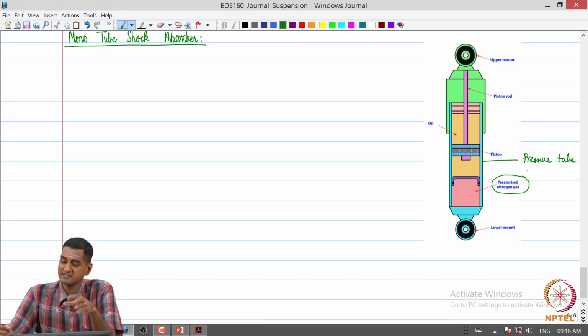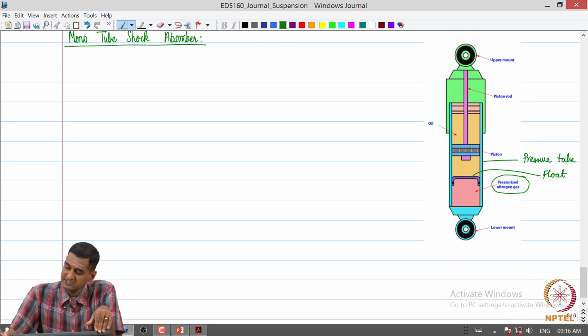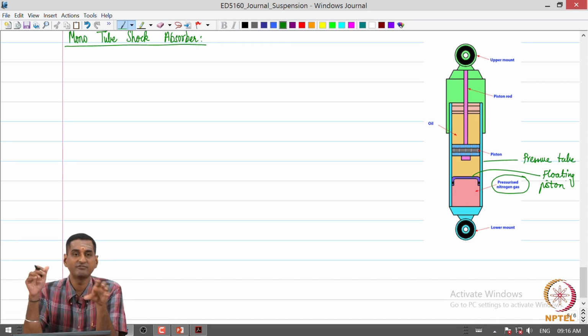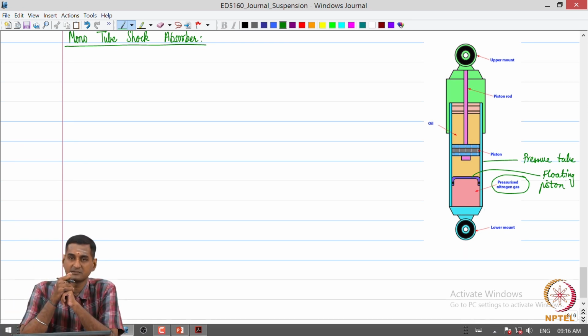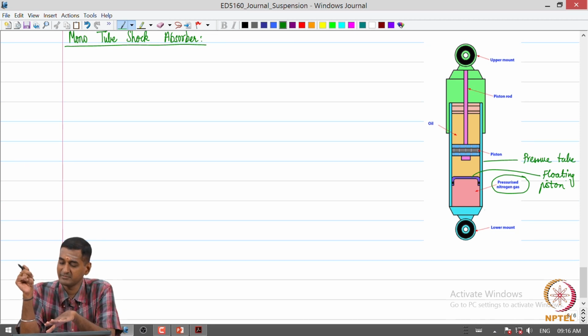So, this nitrogen gas is compressed or it expands depending on the stroke, and we have a floating piston, which essentially separates the shock absorber fluid from this nitrogen gas. So, that is the main difference.